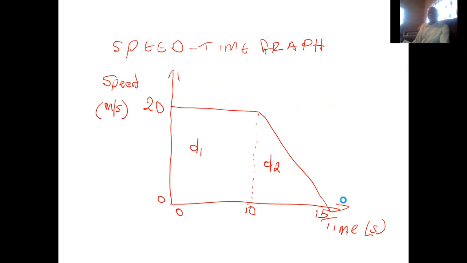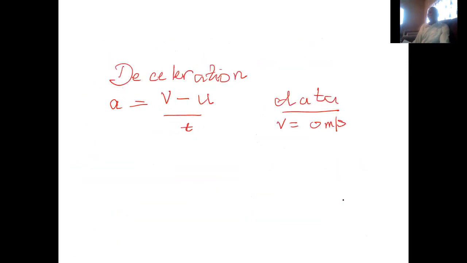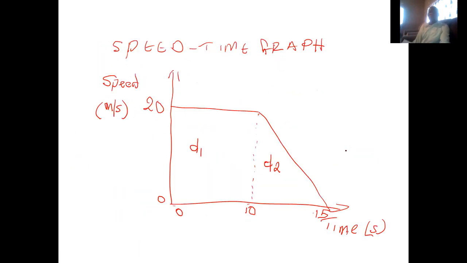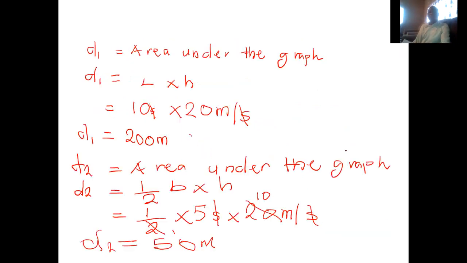And so our initial velocity is 20 meters per second, and our time during that period is 15 minus 10, which is 5 seconds.